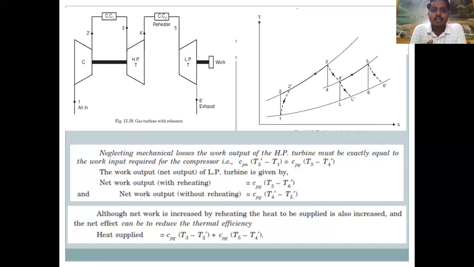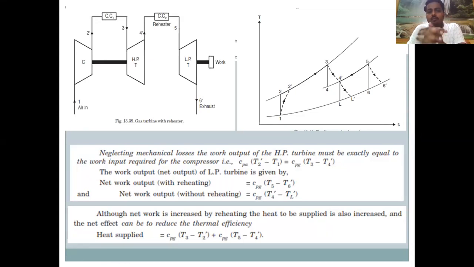We can call it combustion chamber number 2, and combustion chamber number 1 is in between the compressor and the high pressure turbine. Now the work developed by the high pressure turbine is utilized to run the compressor, and the work developed by the low pressure turbine is fully used to develop the work. Okay, now that is our reheater.